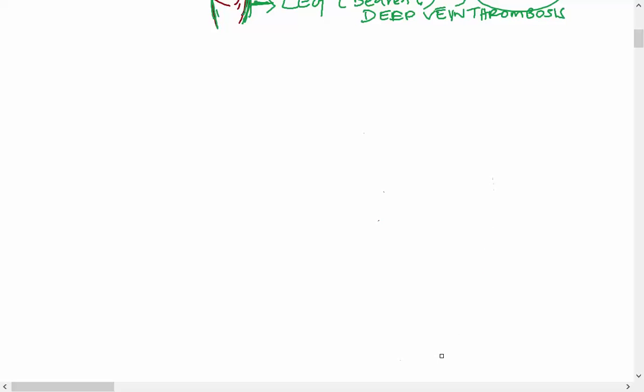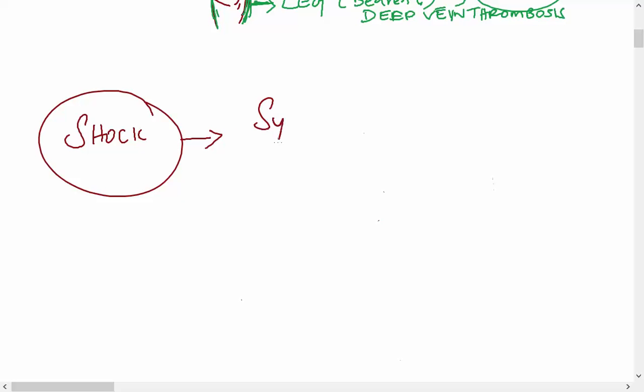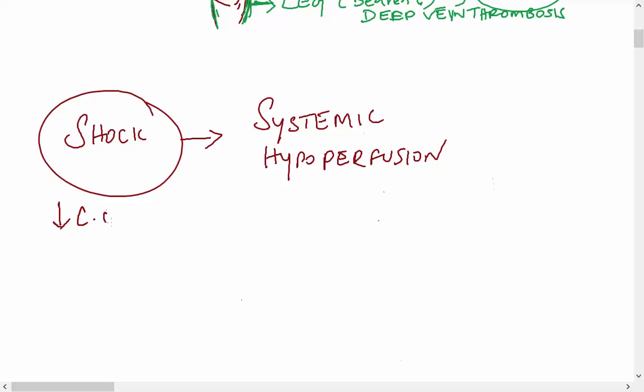They produce systemic hypoperfusion. Okay, so we discussed one reason is reduced cardiac output, another reason is reduced blood volume.